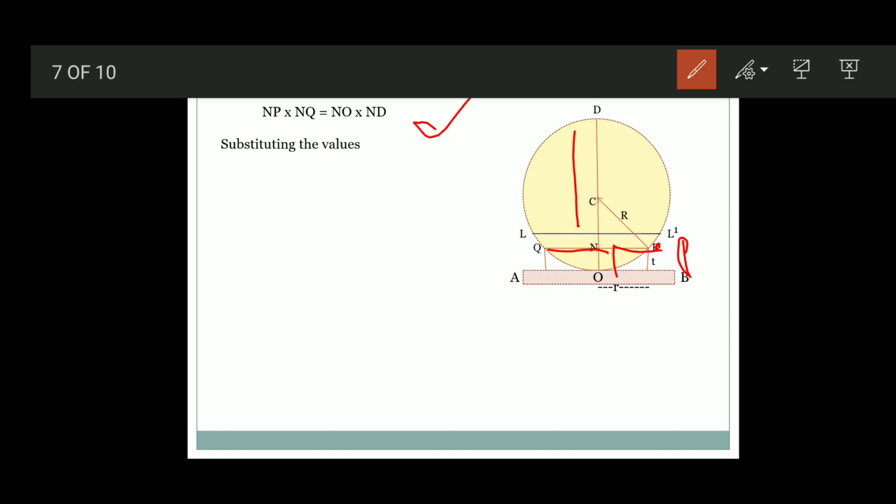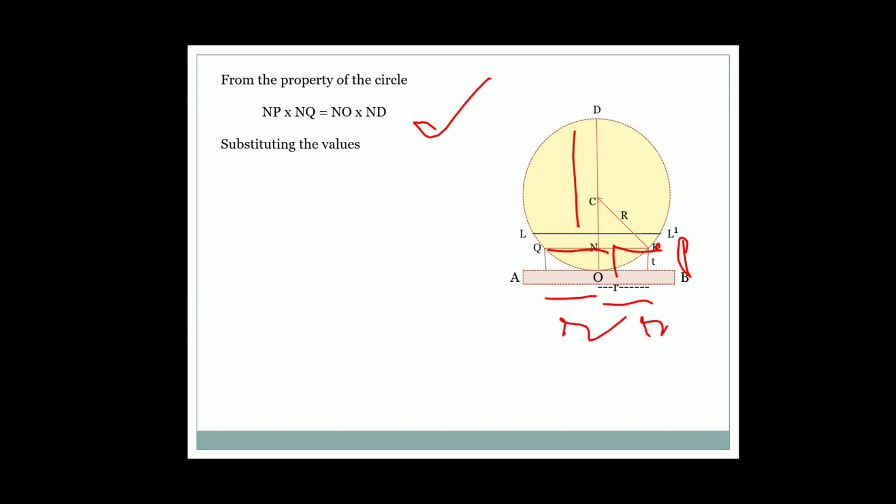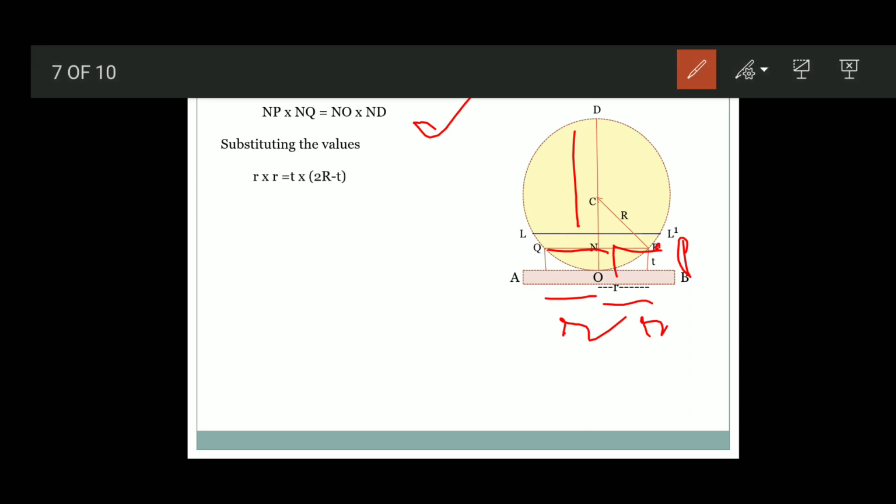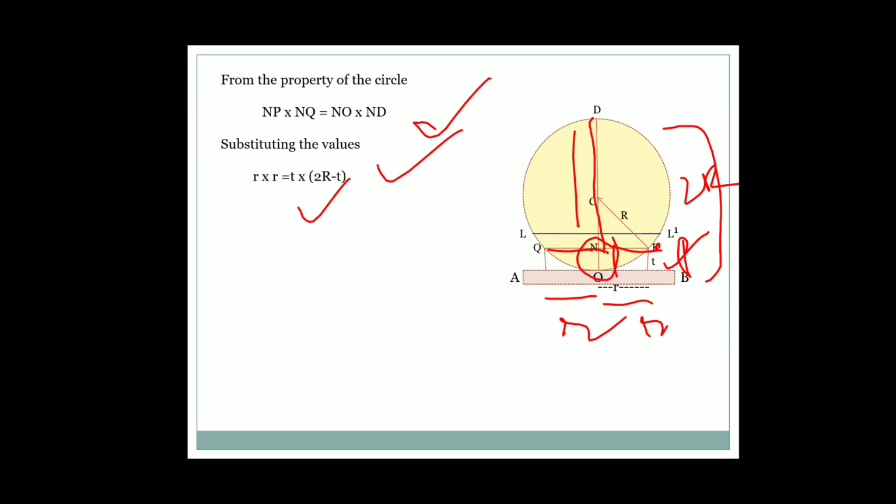So substituting these values, we know NQ is equal to small r, NP is equal to small r, that is r into r is equal to NO, which is the thickness of the air film, that is t, into ND, the total distance, which is 2R minus t. That is r into r is equal to t into (2R minus t).